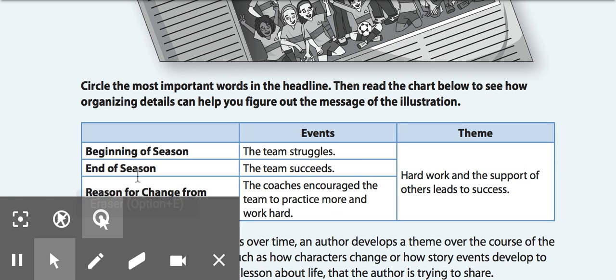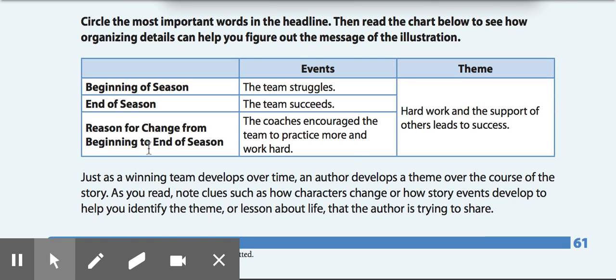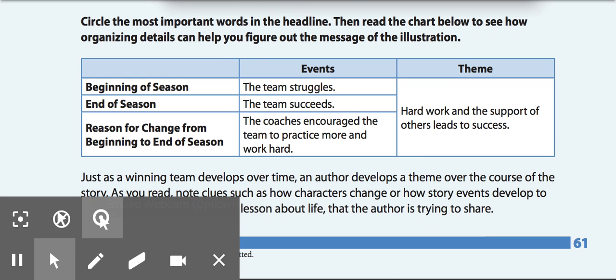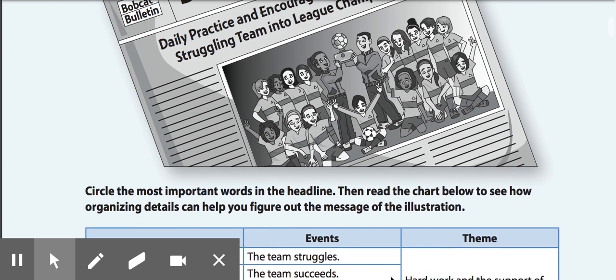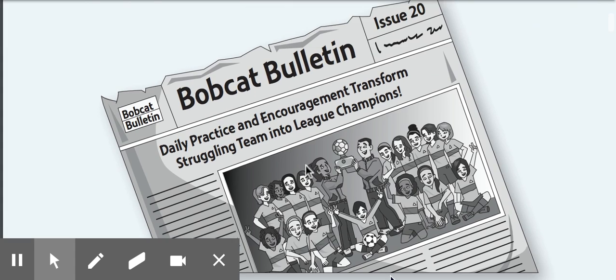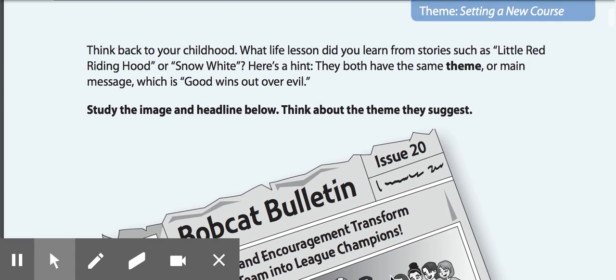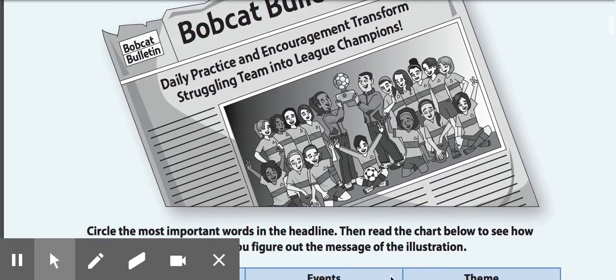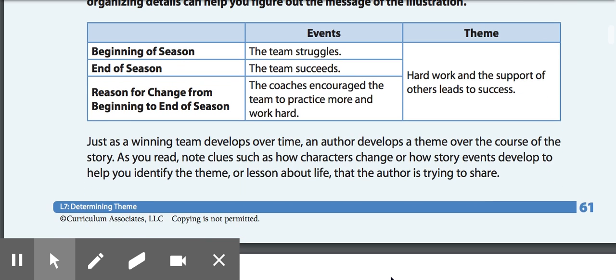Reason for change from beginning to end: the coach encouraged the team to practice more and work hard. So the theme was hard work and the support of others leads to success. This is the theme, this is the event, and we figured that out just by the picture itself.